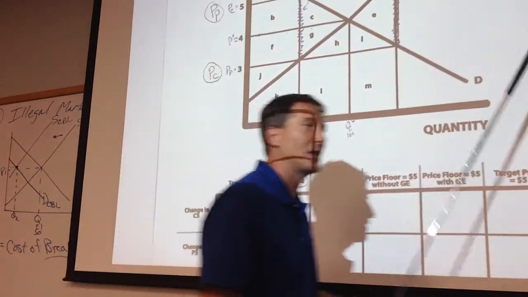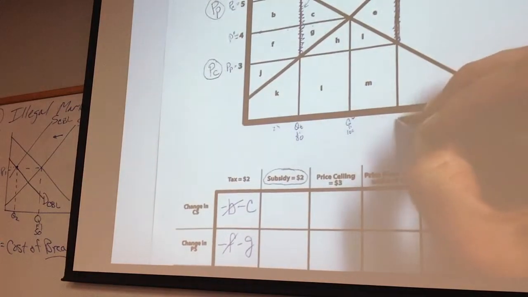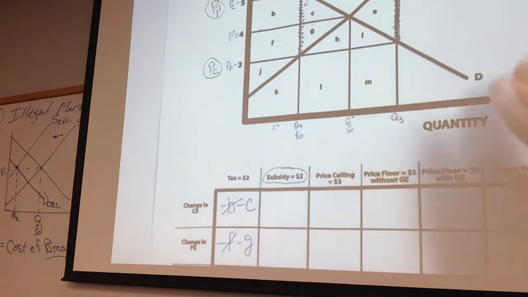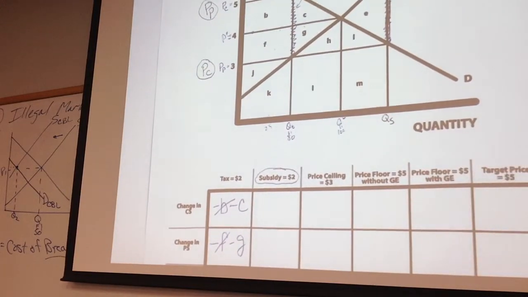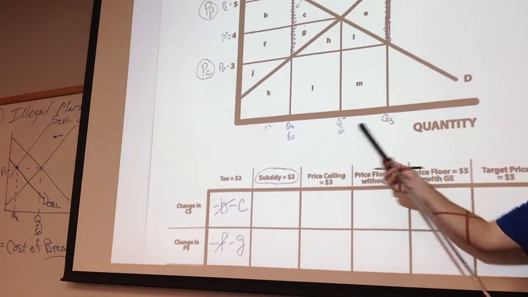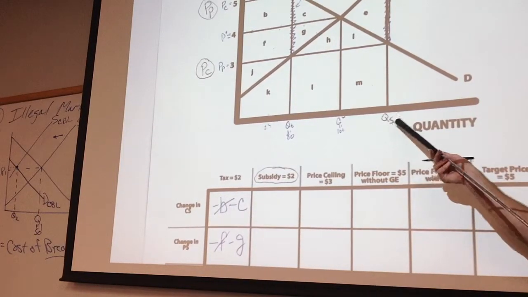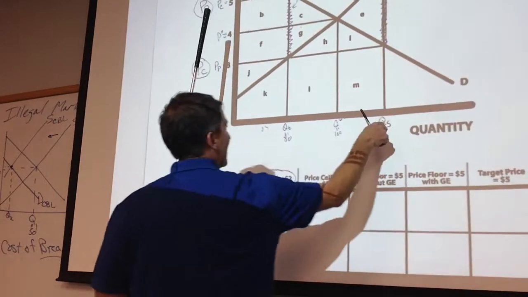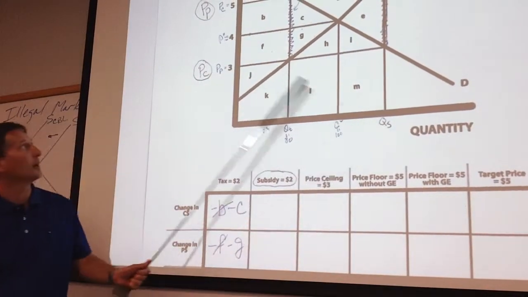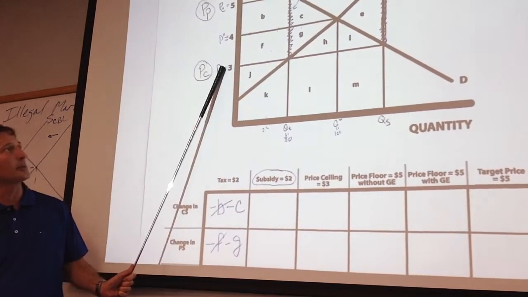I didn't write that down yet, but the quantity after the subsidy, remember the reason why we're subsidizing education is because we think we want more people educated in society rather than less, and so it encourages people to go get educated. So the quantity after the subsidy is out here. So consumers are buying that much education, if you will, and they're paying $3.